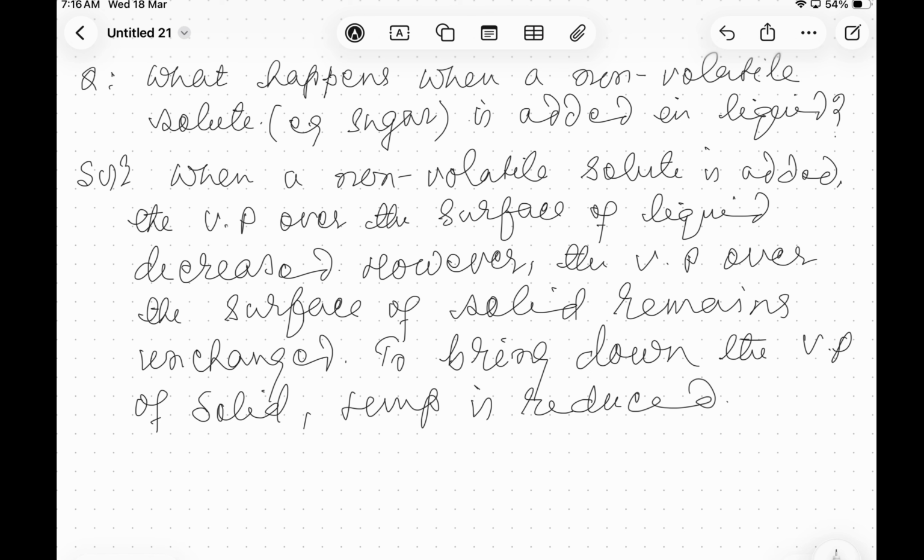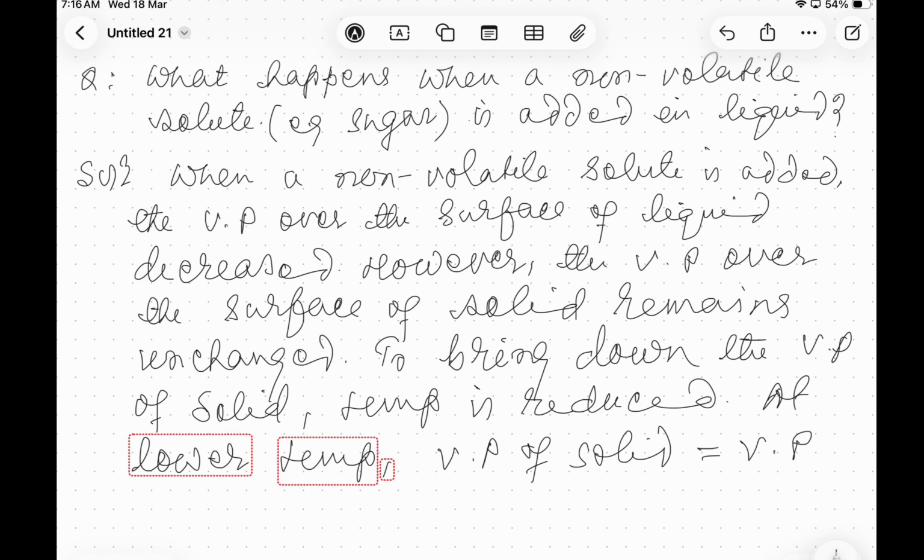That means at lower temperature, the vapor pressure of solid equals the vapor pressure of solution.